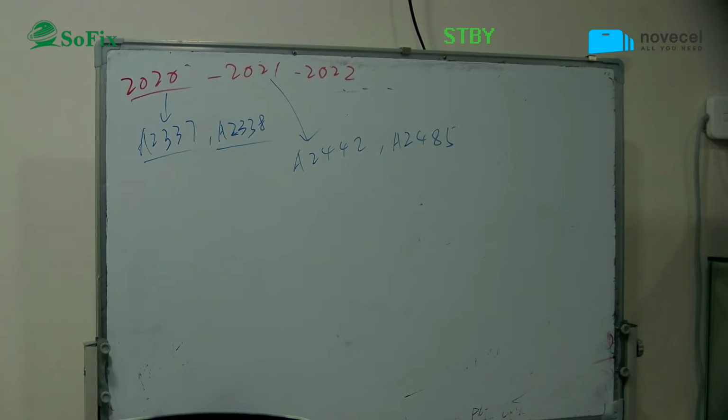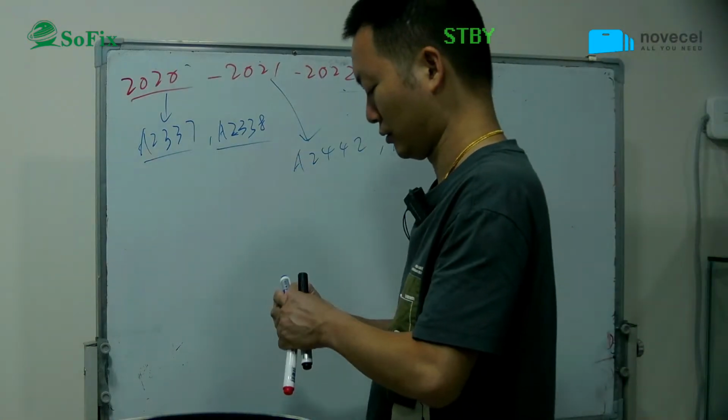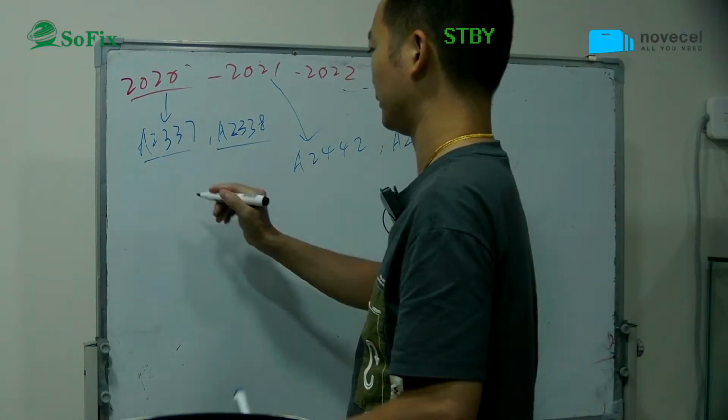So now, the activation lock. How to unlock the activation lock? You see the models before the M1 model.